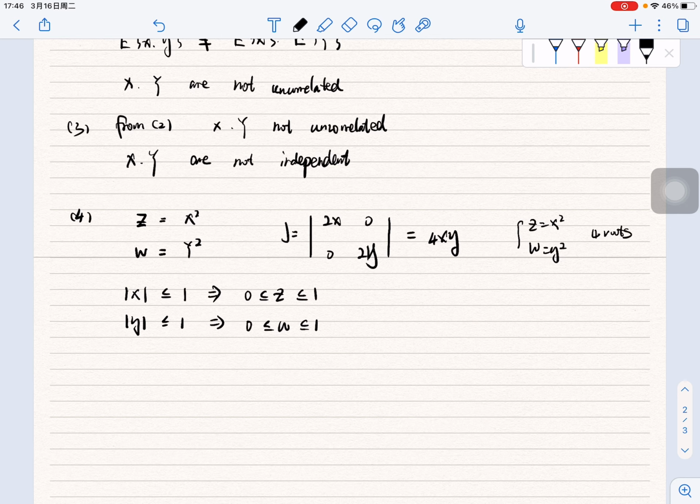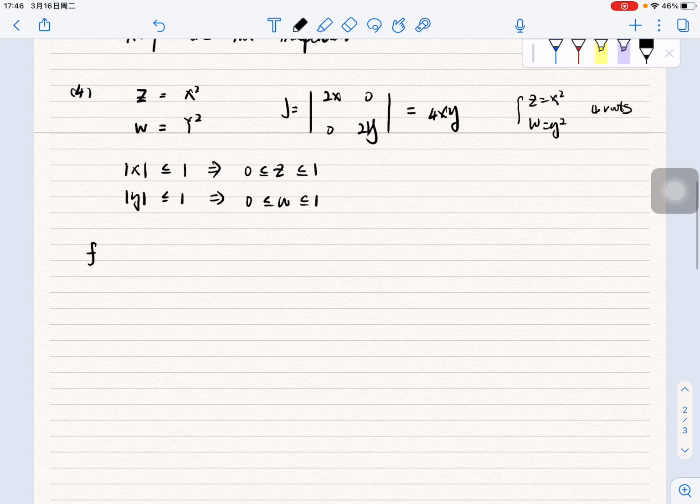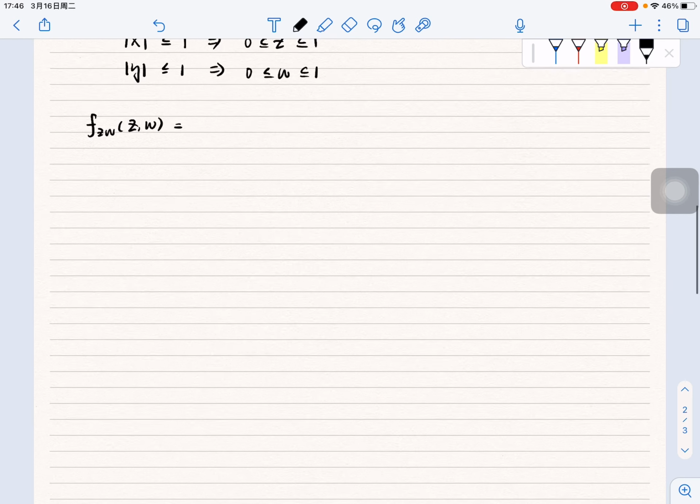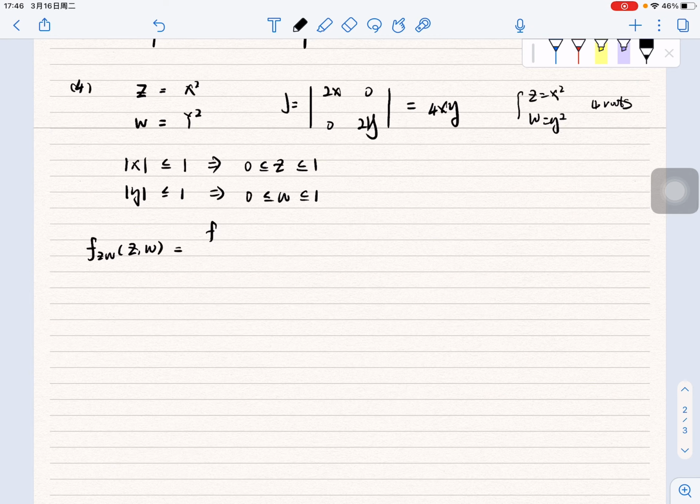And we have the density function fzw equals fxy at the point root z, root w. This is the first root.